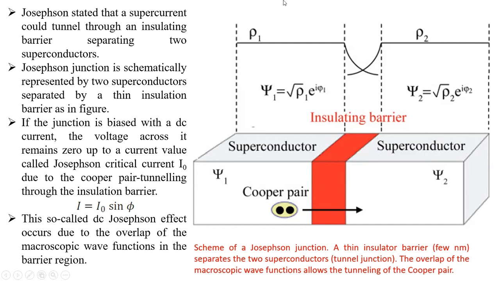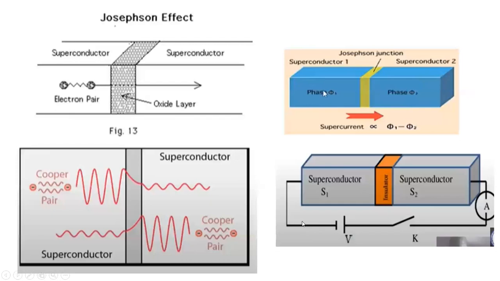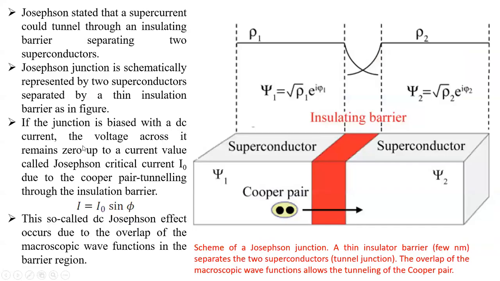Fine. If the junction is biased with a DC current, for example, like what you are applying, like a potential here, the voltage across it remains zero up to a current value called I naught, and then due to the Cooper pair tunneling through the insulator, the current I is proportional to I naught times sine of phi.